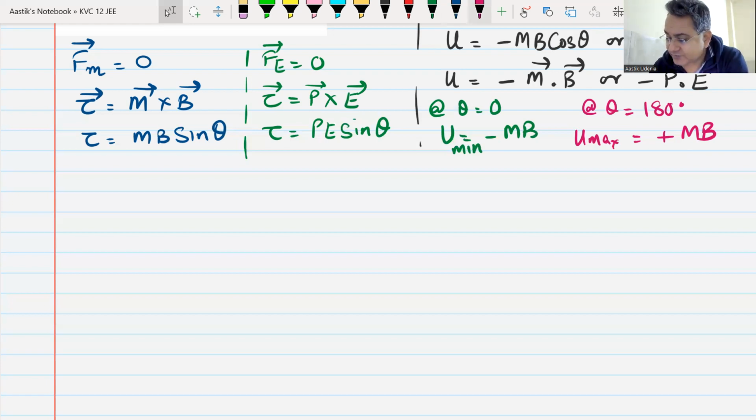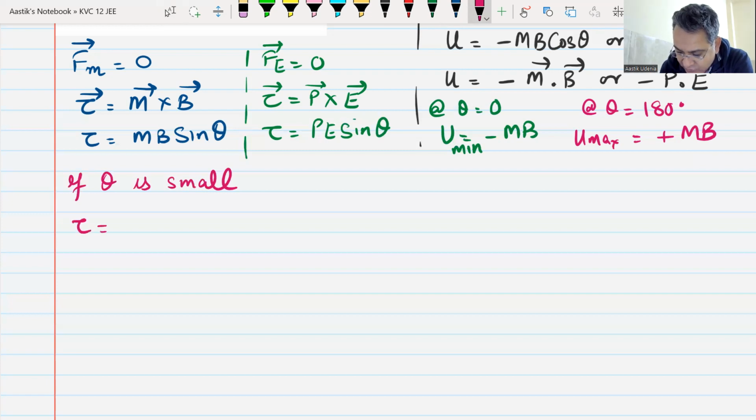Now, if theta is small, I can write this torque as m into B into theta, and it is trying to bring it back to its equilibrium position, and therefore the motion becomes simple harmonic motion. This motion can be taken as a simple harmonic motion. Do we understand this, what I'm saying?